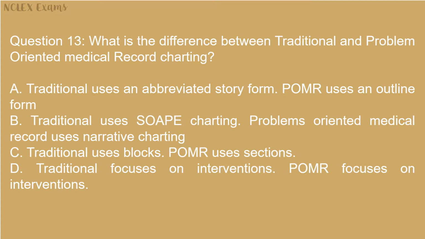Question 13. What is the difference between traditional and problem-oriented medical record charting? A. Traditional uses an abbreviated story form. POMR uses an outline form. B. Traditional uses SOAP charting. Problem-oriented medical record uses narrative charting. C. Traditional uses blocks.